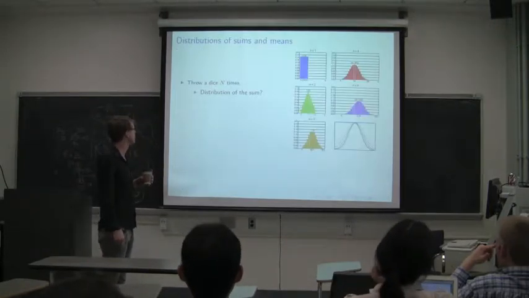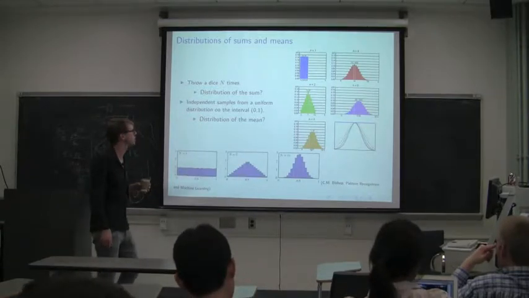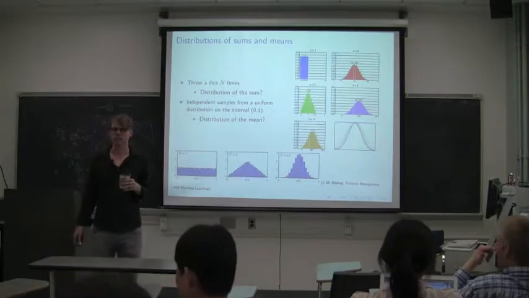Okay, so we said that if you look at sums of variables and means of variables, they look astonishingly Gaussian if it's many samples.